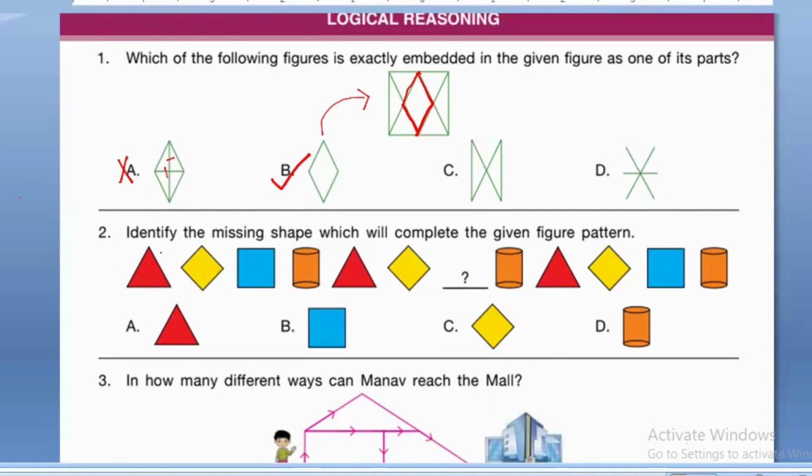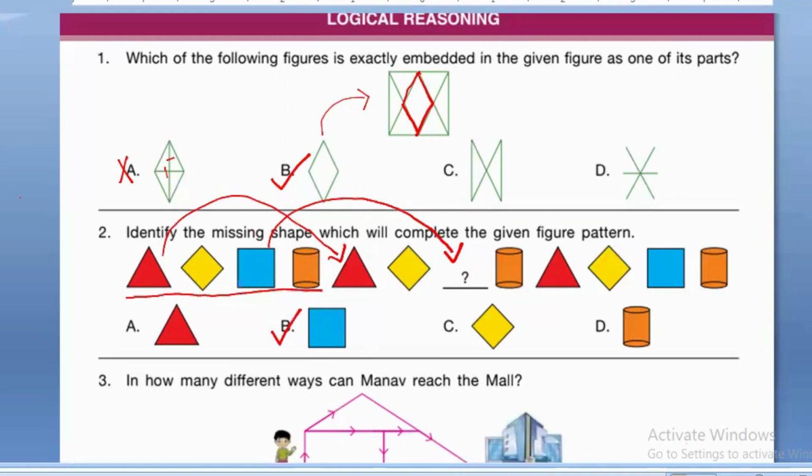Then the triangle is repeating itself. After the triangle comes the square again, so what should be at the place of the question mark? After the diamond shape, this square shape is here. Correct? So option B, the square shape, will be the correct answer.